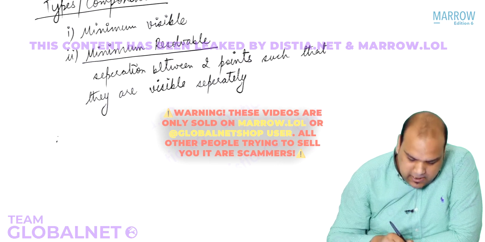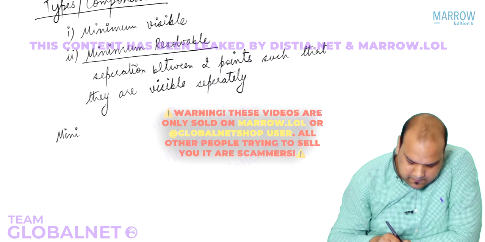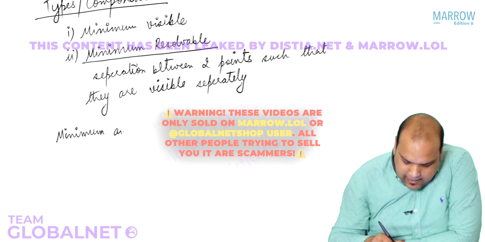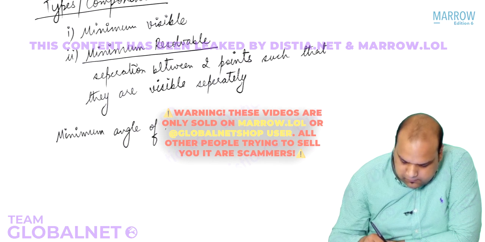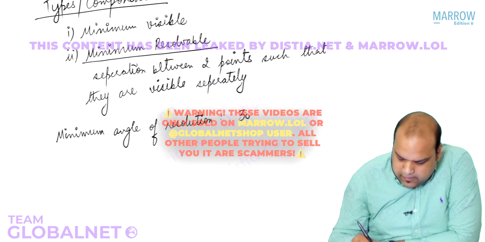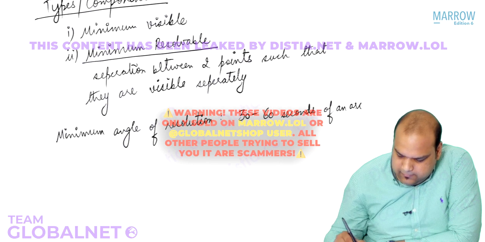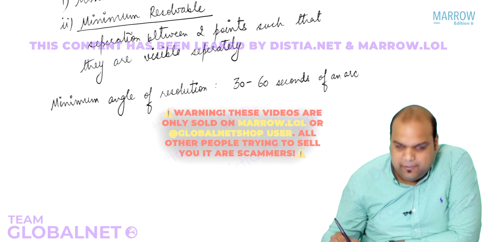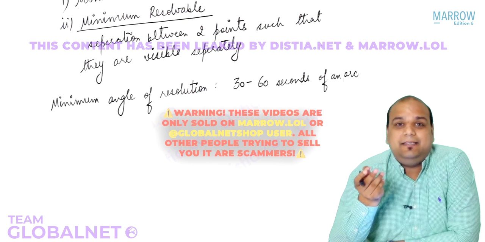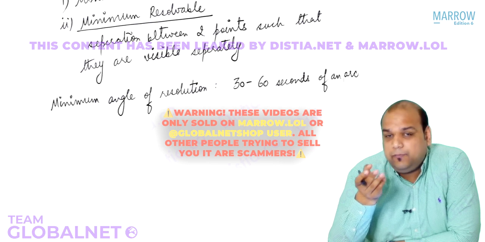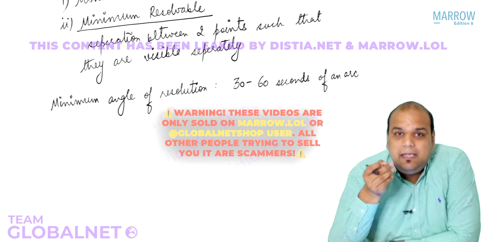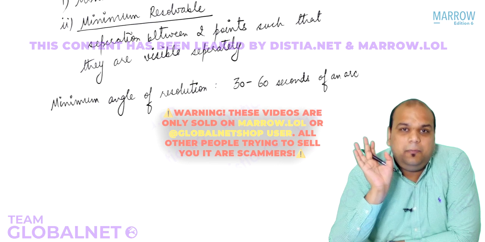Yes, minimum angle of resolution for eye is said to be 30 to 60 seconds of an arc. Okay, everybody? So if 2 points are away from each other by around 30 to 60 seconds, 60 seconds can be said to be 1 minute of an arc, then only they will be separately visible from each other.